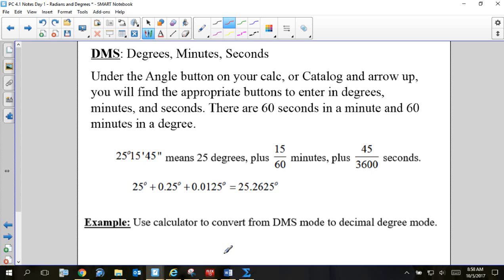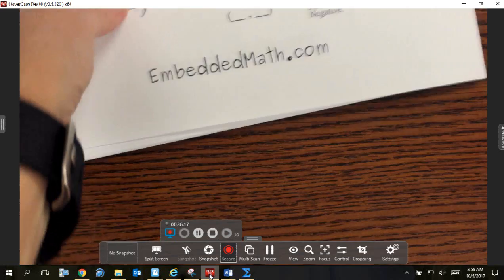So it says use the calculator to convert from DMS mode, degrees, minutes, seconds, to decimal. So we're going to get this decimal on our calculator. Everybody go to your calculator and just type in 25 to start.